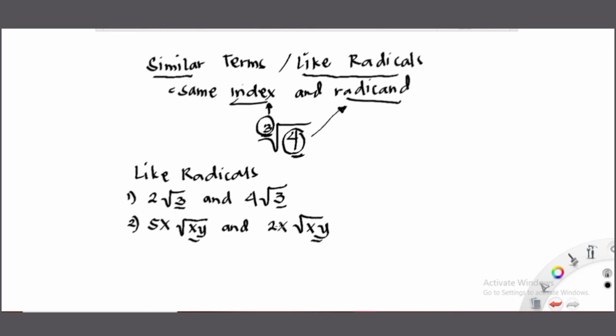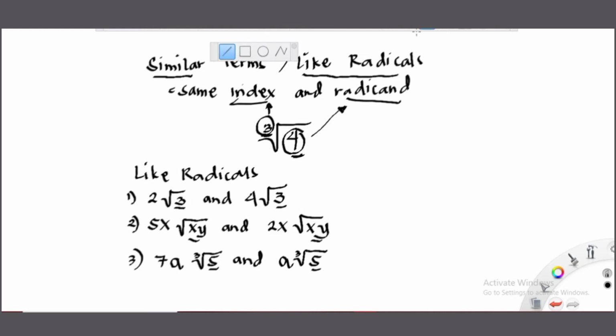What's important is that they have the same index and radicand. Another example: 7a cube root of 5 and a cube root of 5. The indexes of our radicals is 3, the same. And the radicands are also the same, which is 5. So, these are the examples of like radicals.